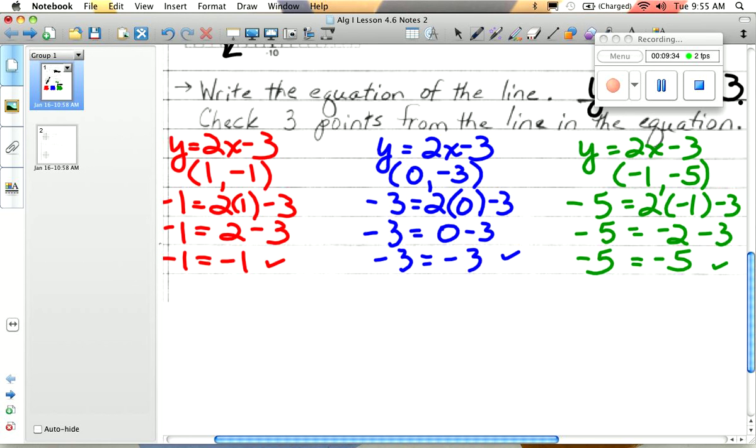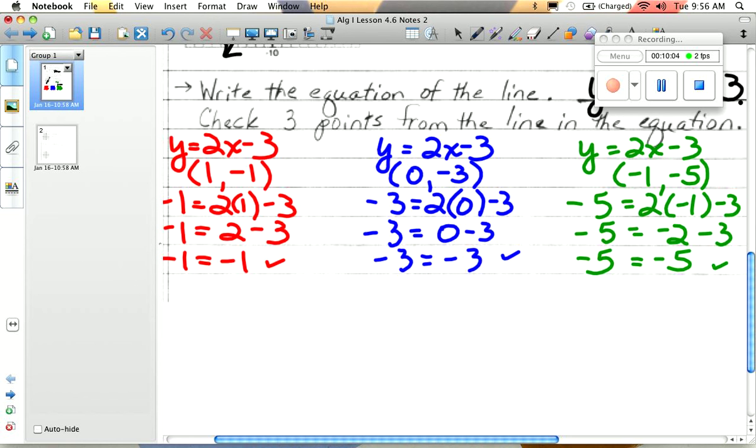Now again, I said you're not going to have to do the check problems in your homework, but I want you to understand that any points on that line, if it truly is the correct graph or an equation, it better make the equation true. And vice versa. You had to write your own equation here, so you graph it using the y-intercept and the slope, and you get your graph, and then you write an equation.